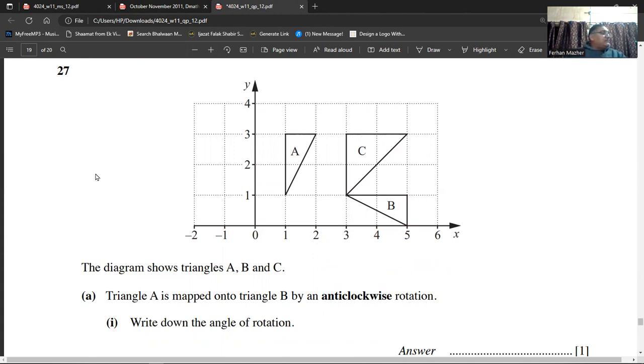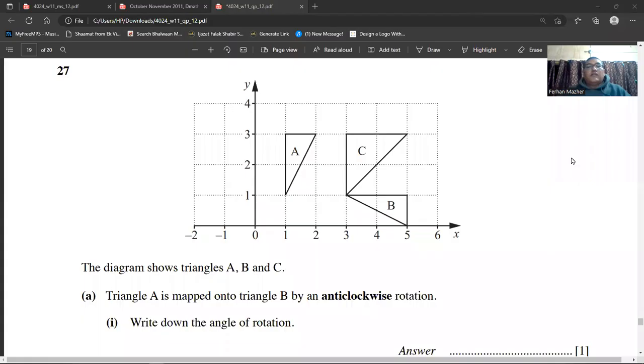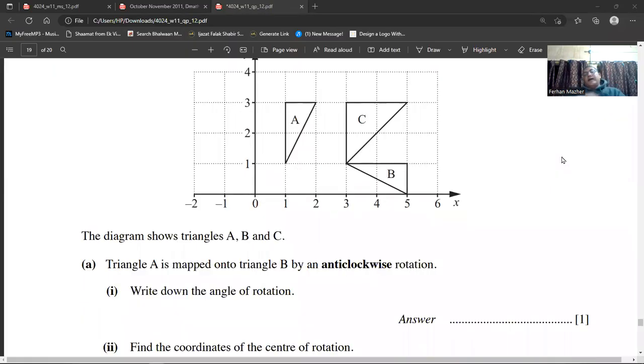So let me show you. So suppose this is the triangle A, and the 90 degrees here. Here is the 90 degree.